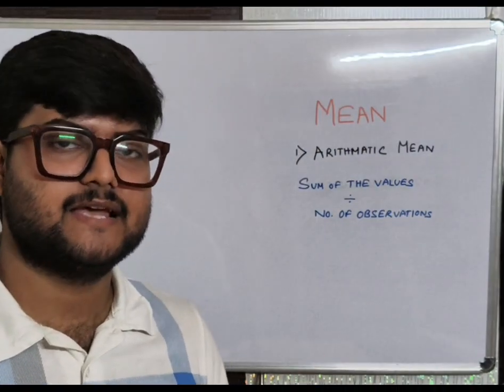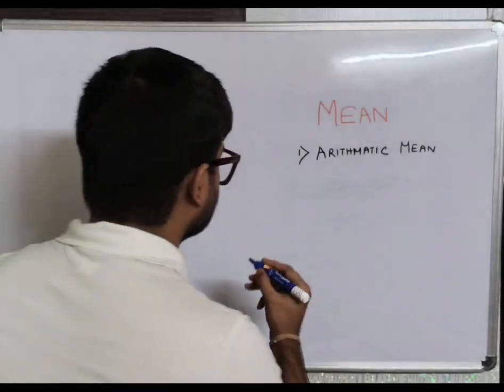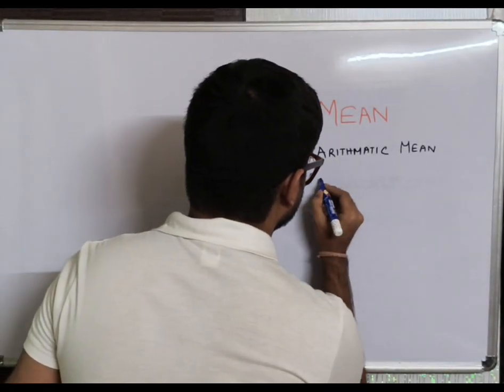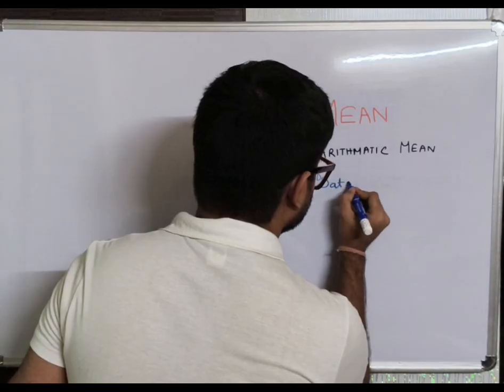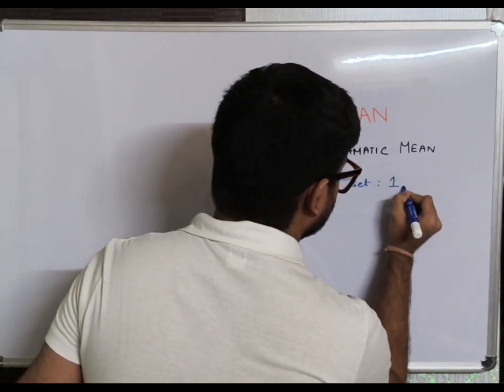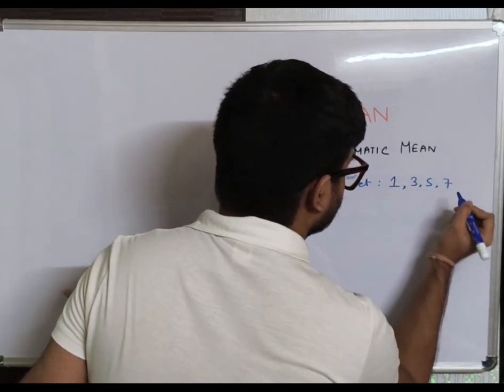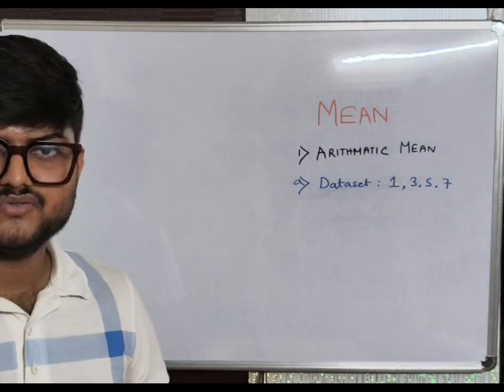When we give an example of it, then it will be clearer. Example A. Data set: 1, 3, 5 and 7. So there are 4 values.